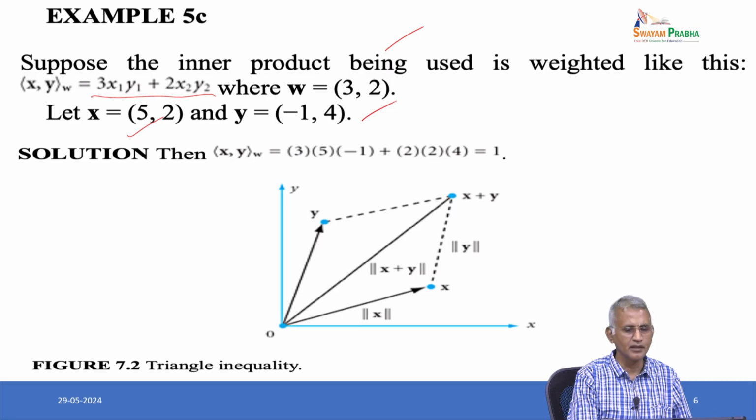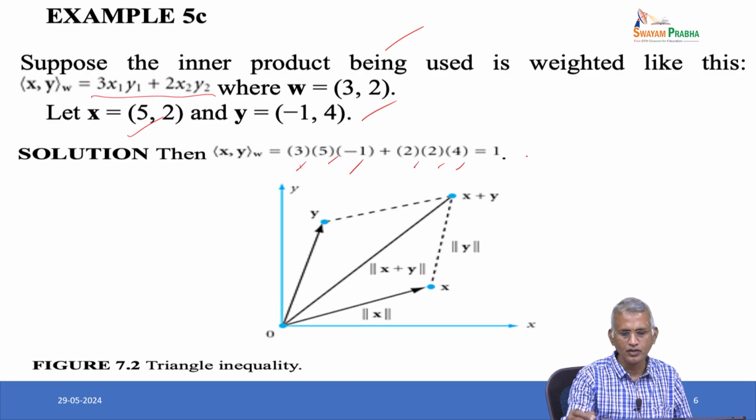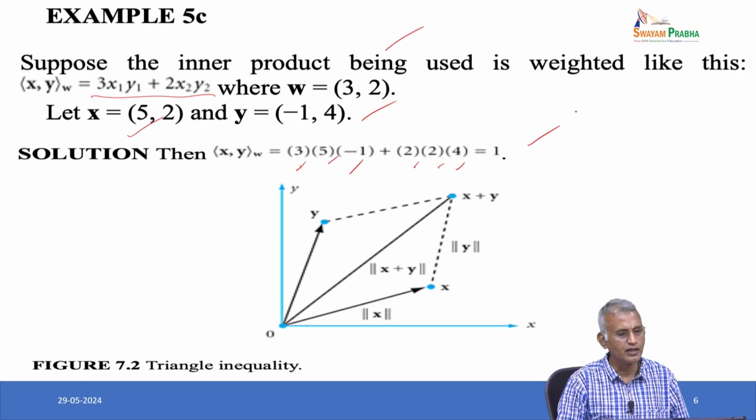Then first you have to do xy: 5 into minus 1 and then 2 into 4, with W as 3 and 2 correspondingly, so that the value of x comma y subscript W equals 1 will come. This we can also do with the help of the inner product x comma y W.